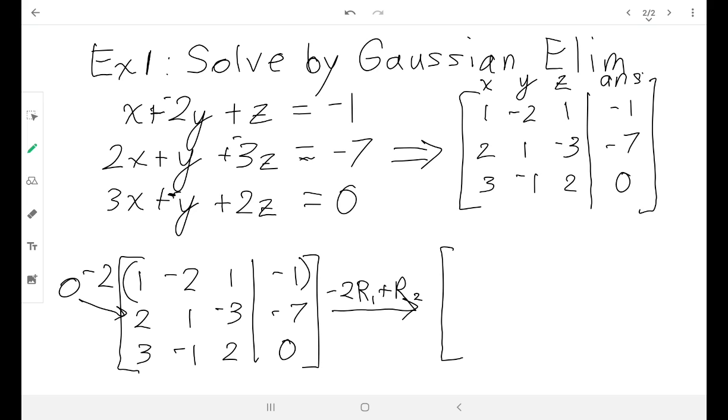And then I would add it to that row. Negative 2 times 1 is negative 2, and negative 2 plus 2 gives me 0 for that new row 2.